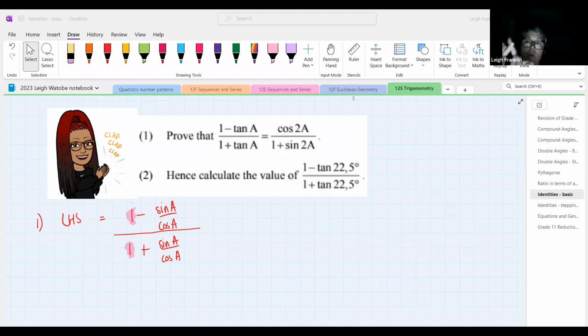Either if we've got 1 combined with cos 2A, we can eliminate the 1 by choosing an appropriate double angle identity. Or we can write 1 as sine squared A plus cos squared A. The third and final thing that we can do with 1 is we can always write 1 as something divided by itself. This is something that we know, but we don't actually think about. Yes, there are 3 different things that you can do with 1.